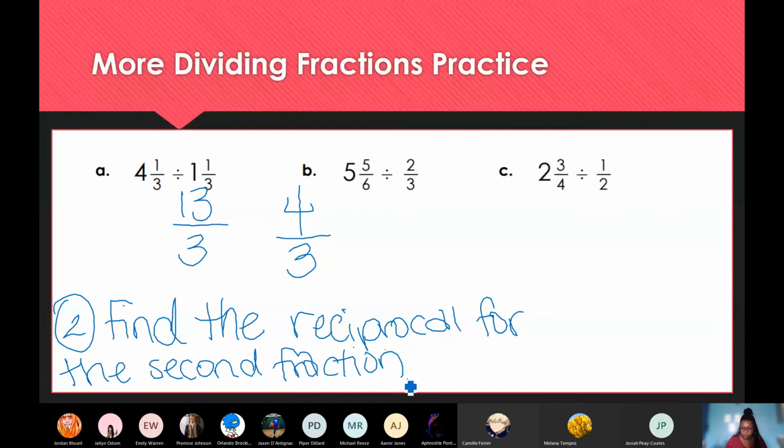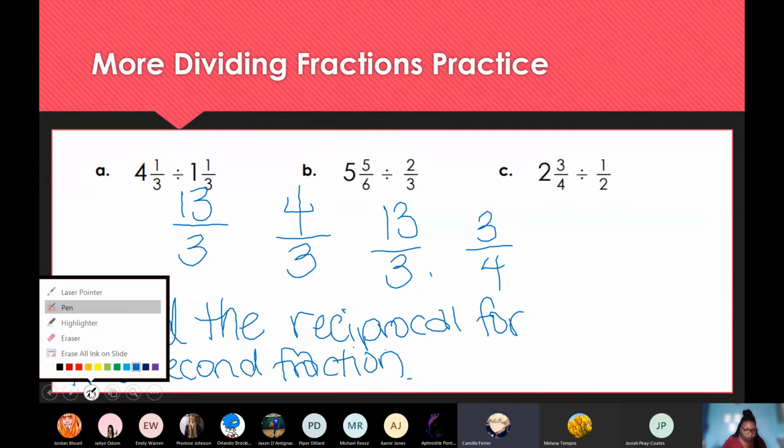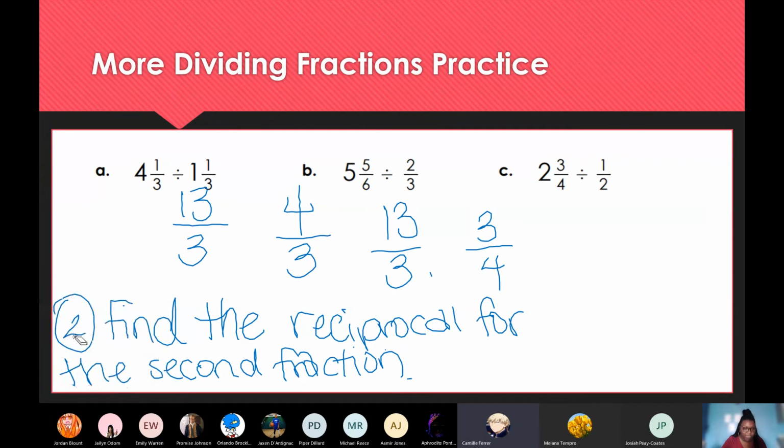So now, my problem should read 13 thirds divided by 3/4. Remember, I flipped it. What am I going to do third? What operation will I perform? Multiplication.